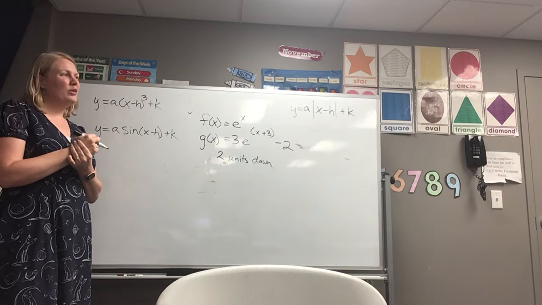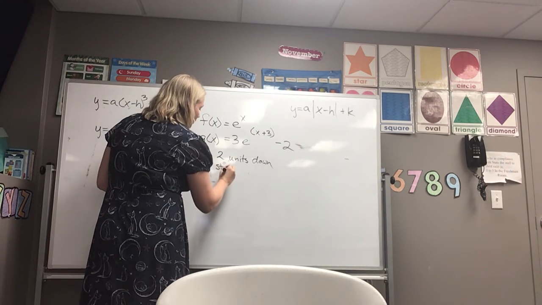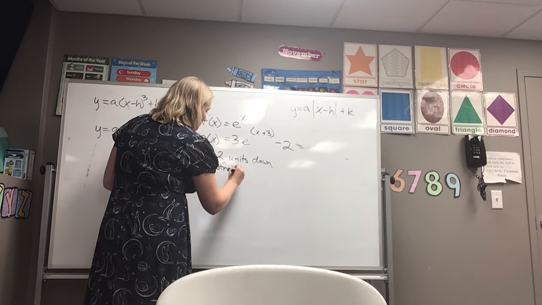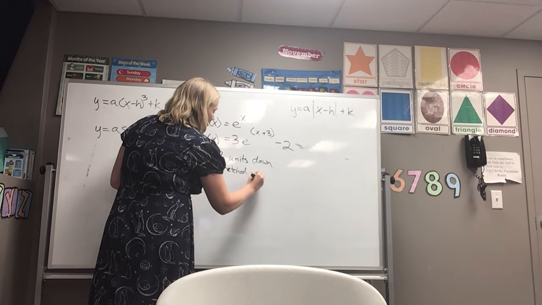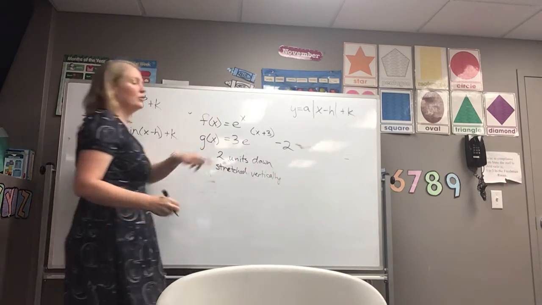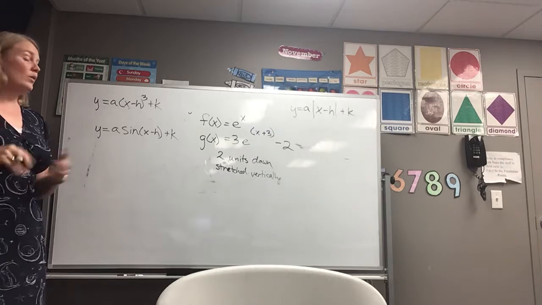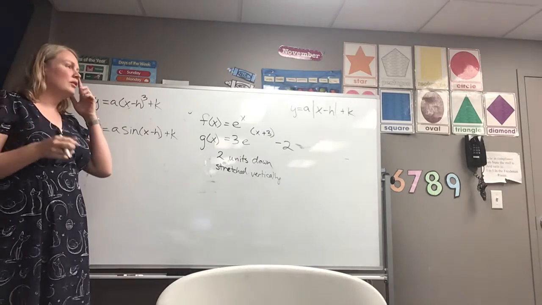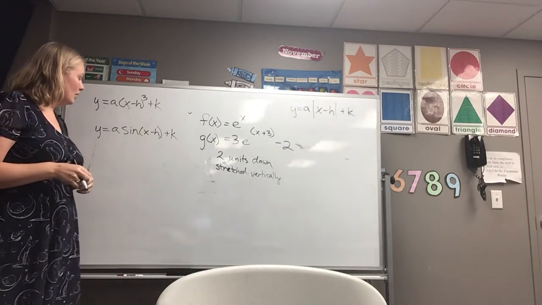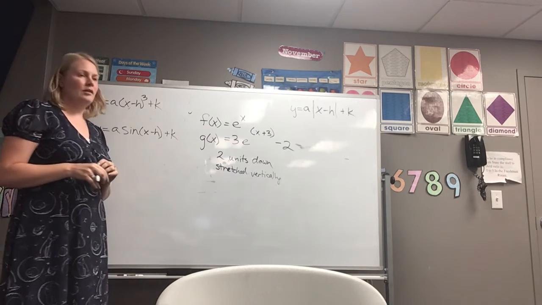You can say compressed horizontally, they'll most likely say stretched vertically. Because 3 is greater than 1, it will have that vertical stretch. It will look compressed horizontally, but not quite. All right, so we have 2 units down, stretched vertically.